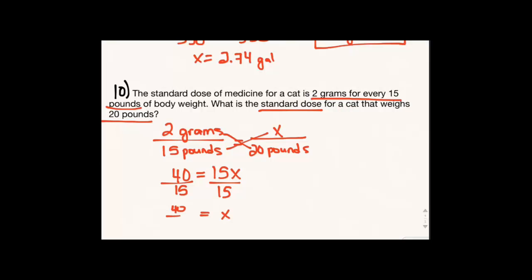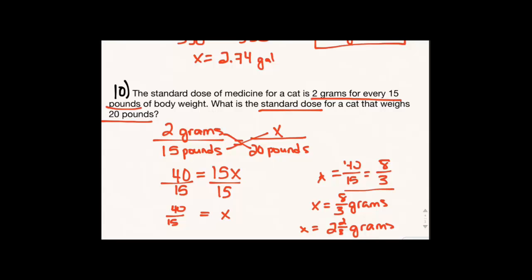Both of those are divisible by 5. So 40 over 15 is 8 over 3. So X is equal to 8/3 grams. Now in all likelihood you would see 2 2/3 grams for your answer. Generally they don't use decimals when it's exact like that.